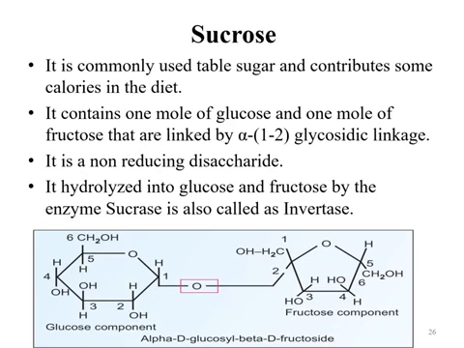The next example of disaccharide is sucrose. It is commonly used as a table sugar and contributes some calories in the diet. It contains one molecule of glucose and one molecule of fructose that are linked by alpha 1,2 glycosidic linkage, which means the first carbon of alpha-D-glucose gets combined with carbon number 2 of fructose and forms an alpha 1,2 glycosidic linkage by the removal of water.